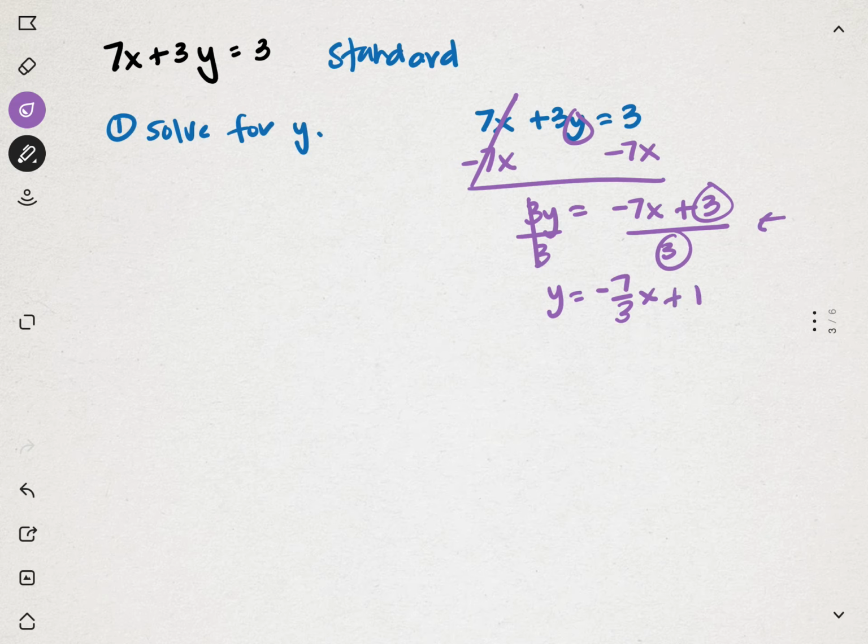All right, but we're really only concerned with the slope here. So now part 2 is when we answer the parallel line slope would be the same as the slope of the line we just found, right? So that's negative 7 thirds. We know that because this is now in slope-intercept form.